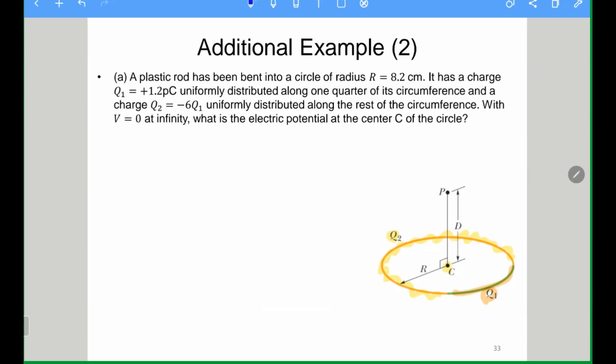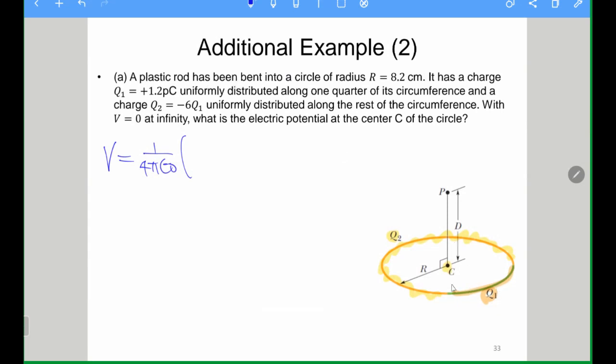So actually V equals k, 1/4 pi epsilon naught, and then Q1, which is 1.2 picocoulomb. Of course, it tells you it is uniformly distributed, but even if it is not uniformly distributed, the answer will be the same.